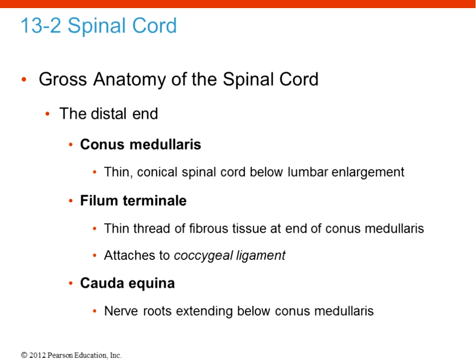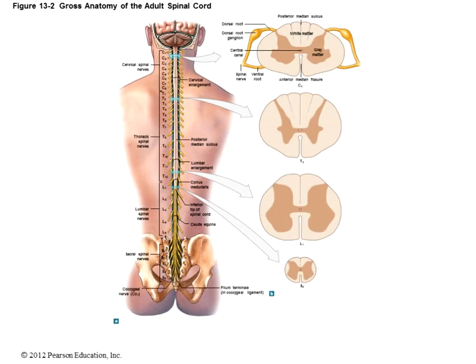Okay? The distal end of the spinal cord, as I said, changes below the lumbar enlargement into this thing called the filum terminale, which is a thin thread of fibrous tissue, and ultimately it turns into what's called the cauda equina below the conus medullaris.